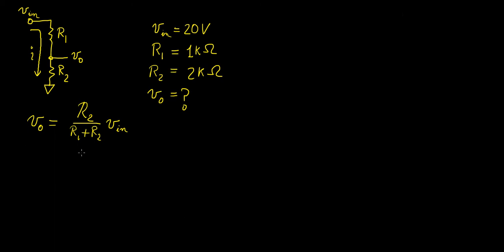So we're going to be evaluating that, and we can use this formula. This is quite handy. We're going to have 2 divided by 2 plus 1, which is 3, times 20.